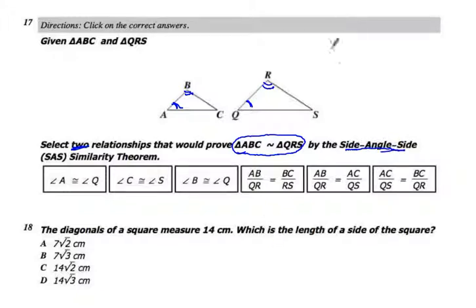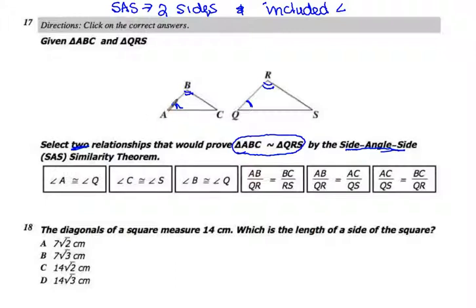Now guys, remember when it's side angle side, it's going to be two sides and the included angle. Let me write this up here. Side angle side: two sides and the included angle. All right, so let's go through here and mark out anything that is not correct.